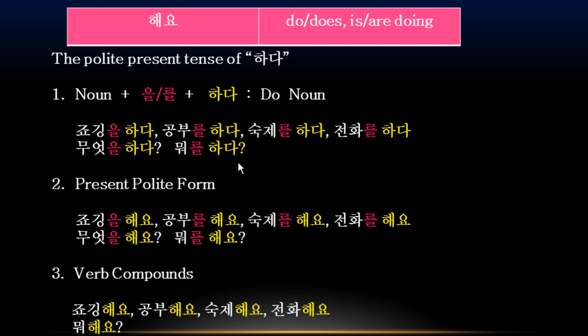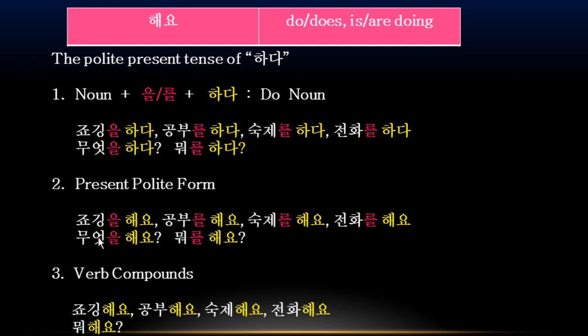So that's how you make verbs like 조깅을 하다. Then you can conjugate these into the present polite form: 조깅을 해요, 공부를 해요, 숙제를 해요, 전화를 해요, 무엇을 해요, 뭐를 해요, like that, right?